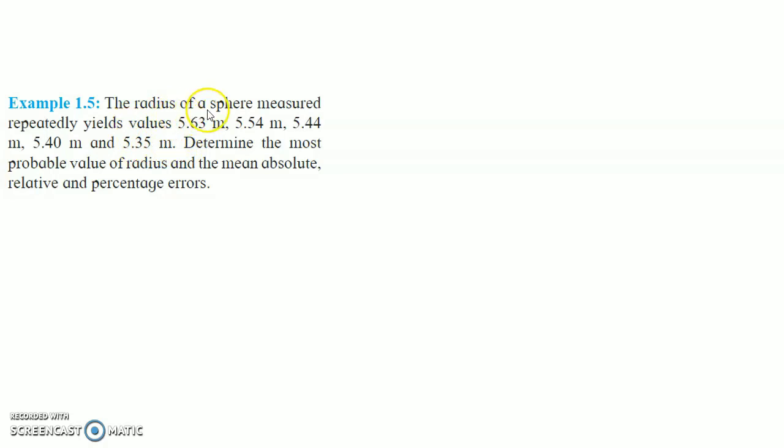So the radius of a sphere is measured many times, and we have got these 5 different readings. We have to determine the most probable value of the radius and the mean absolute error, relative and percentage error.